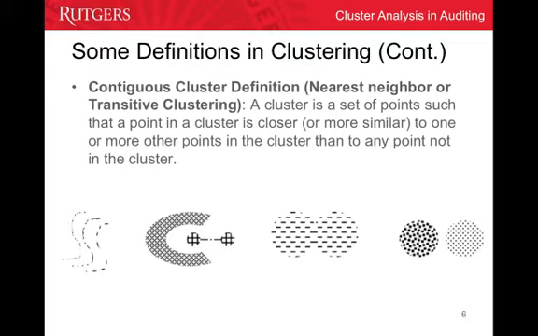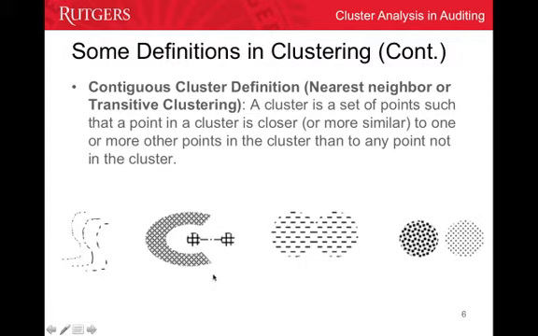If the data is represented as a graph, where the nodes are objects and the links represent connections among objects, then the cluster can be defined as a connected component, like a group of objects that are connected to one another, but that have no connection to objects outside the group.